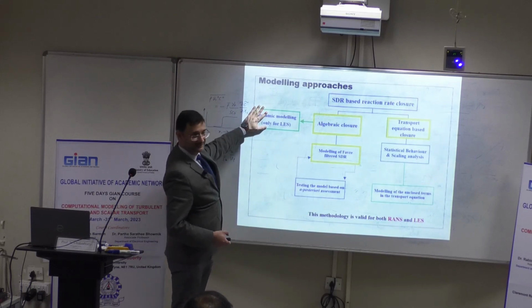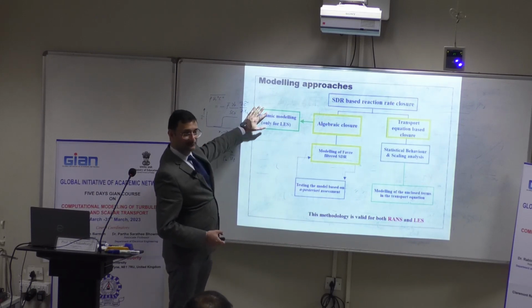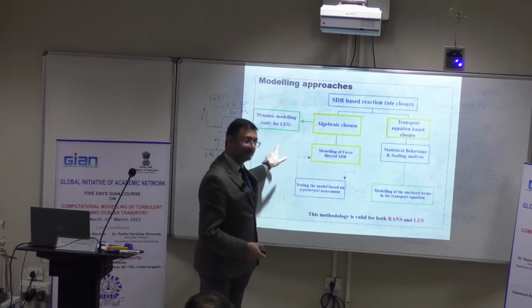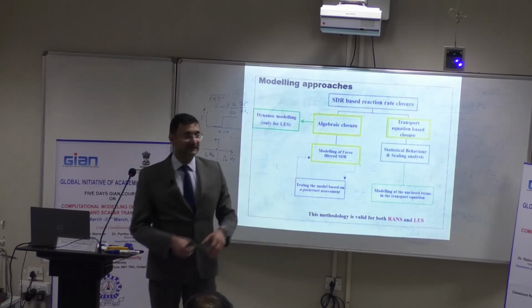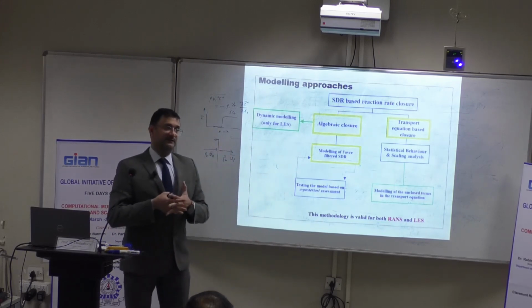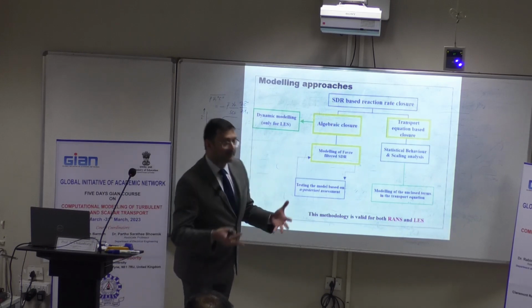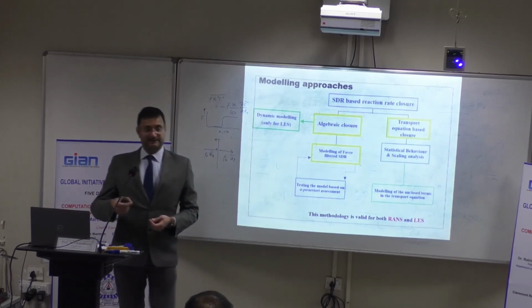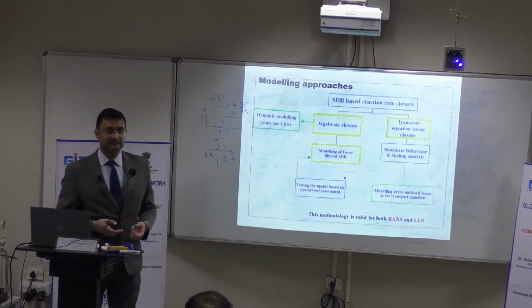You cannot do this for RANS. We talked about the idea of dynamic modeling yesterday in the context of subgrid stress closure. Effectively, the model parameters you are capturing based on the local flow properties, in contrast to specifying some value a priori.